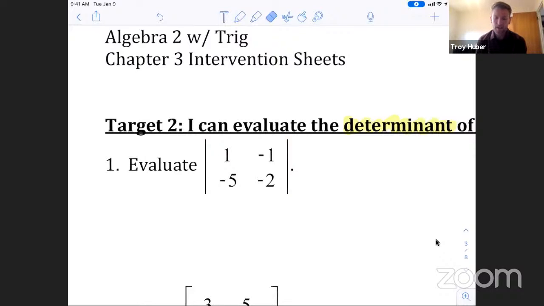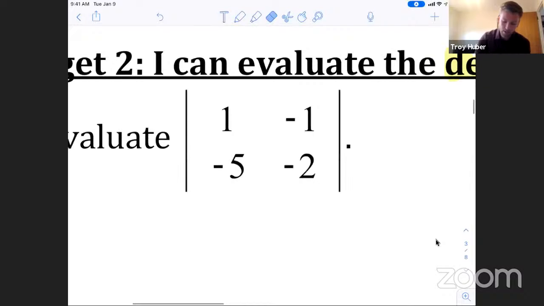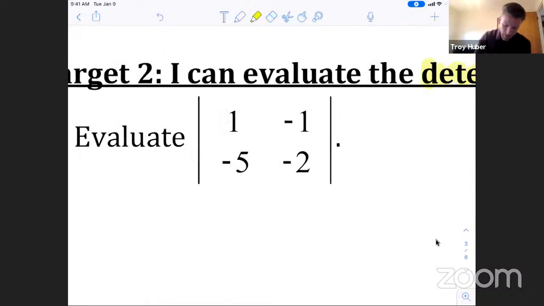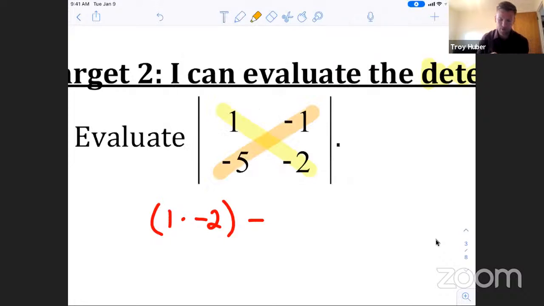So let's talk about how we find the determinant and why we use the determinant. To find the determinant, we're going to do some cross multiplication. We multiply these two numbers together, so that would be 1 times -2, and subtract these two numbers multiplied together, so that would be -1 times -5.